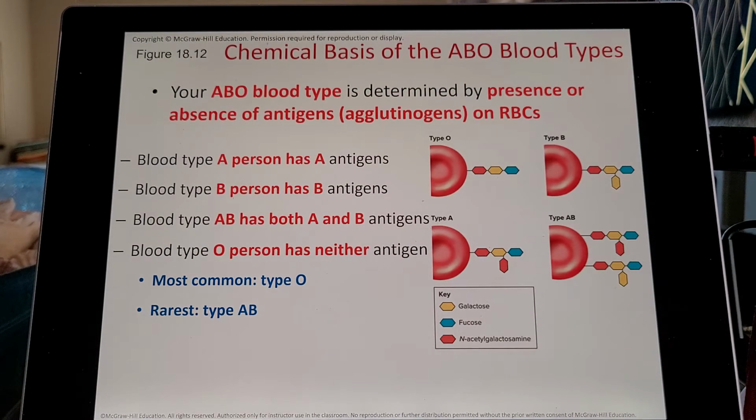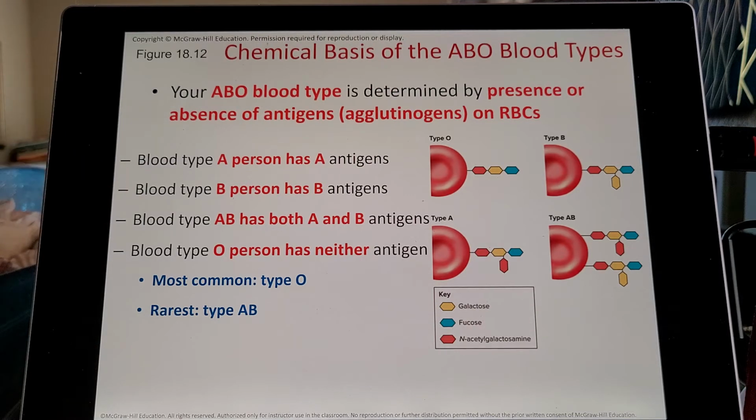Okay, so let's look at our blood types. So we got 4 different types of blood that we focus on, our 4 major categories. Again, we have a ton of other types of markers, but they're just not as reactive as our ABO ones. So, blood type A, that person has A antigen, so A cell surface markers, also called agglutinogens.